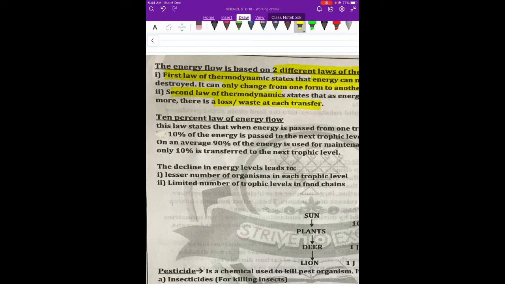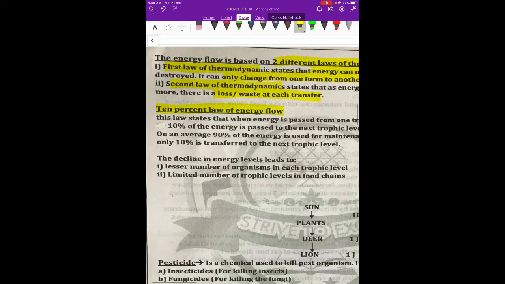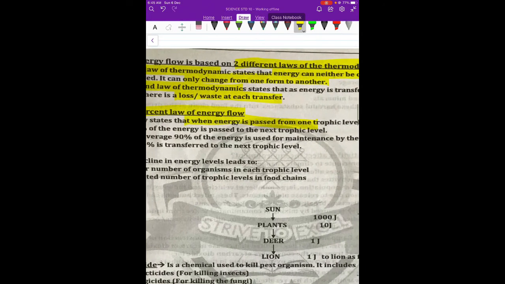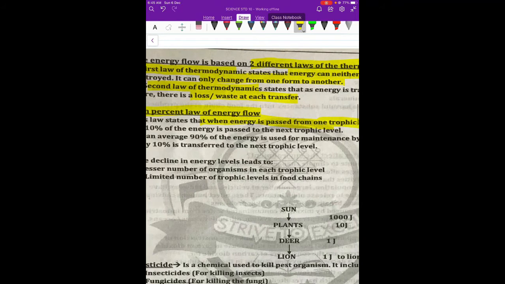Based on this law and what has been observed, a law is made which is called the 10% law. So what does the 10% law tell us? The 10% law tells us that when energy is transferred from one trophic level to another, only 10% of the energy is transferred to the next trophic level. On an average, 90% of the energy which is got by an organism is used for its maintenance.